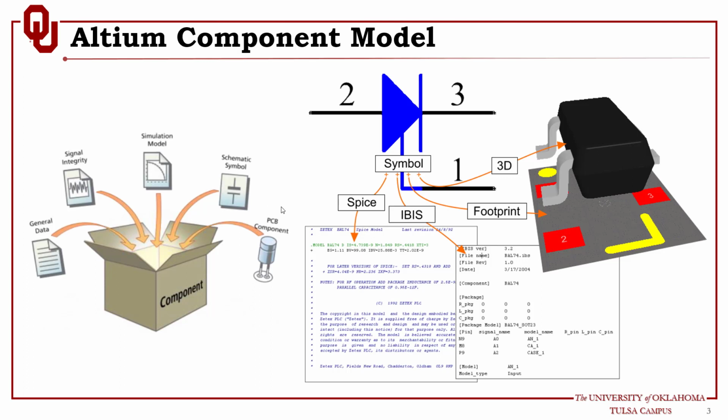In Altium Designer specifically, the model they built their components on is that the schematic symbol is the container that links all different model domains. So you have the footprint model domain, the simulation model domain, the 3D model domain, the signal integrity model domain, the general data model domain, the supply chain model domain, and all these are linked and held through the symbol in the schematic.